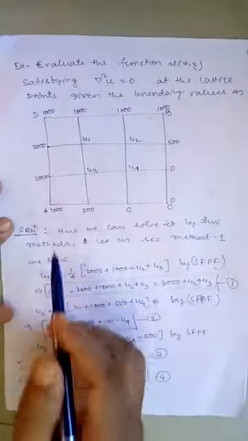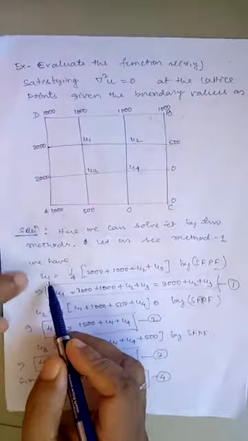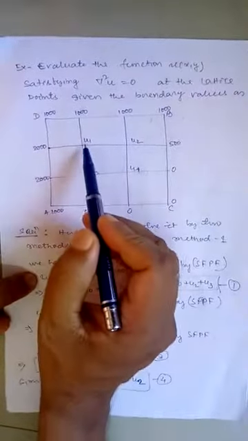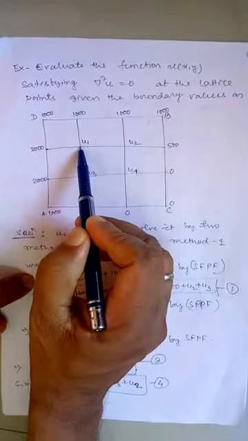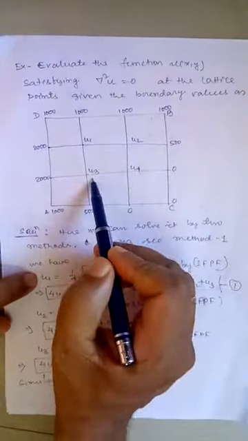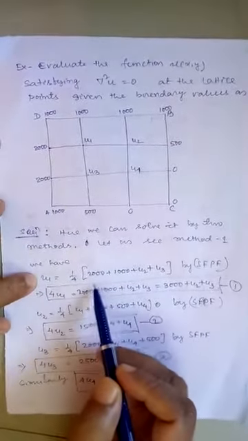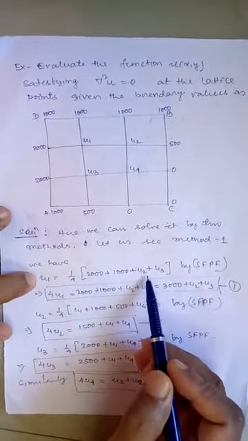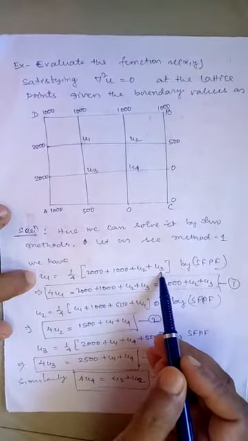Here you see, suppose I want to find u1. From the standard 5-point formula, u1 can be obtained as the average of these 4 points. So u1 equal to 1 by 4 into 2000 plus 1000 plus u2 plus u3.